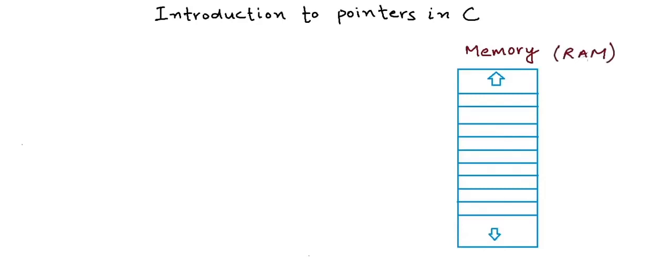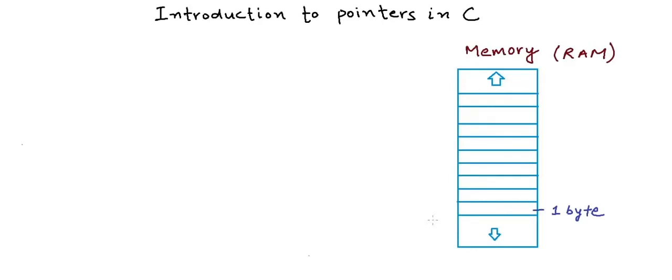We often say that my machine has got 2 gigabytes of RAM or 4 gigabytes of RAM. Now let's say these segments or partitions that we are showing here in the memory are each 1 byte of memory.